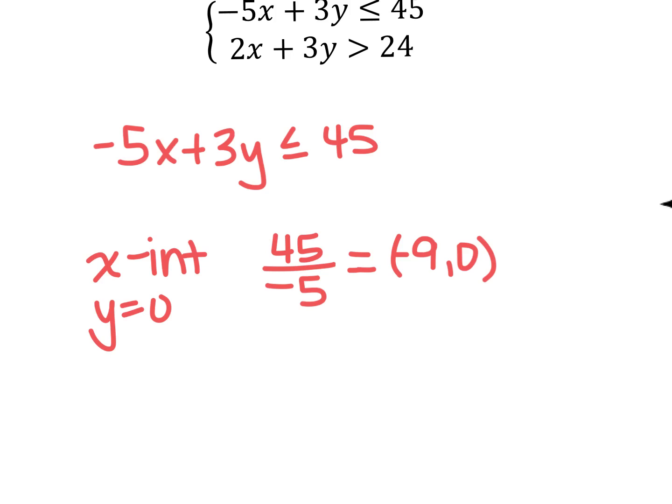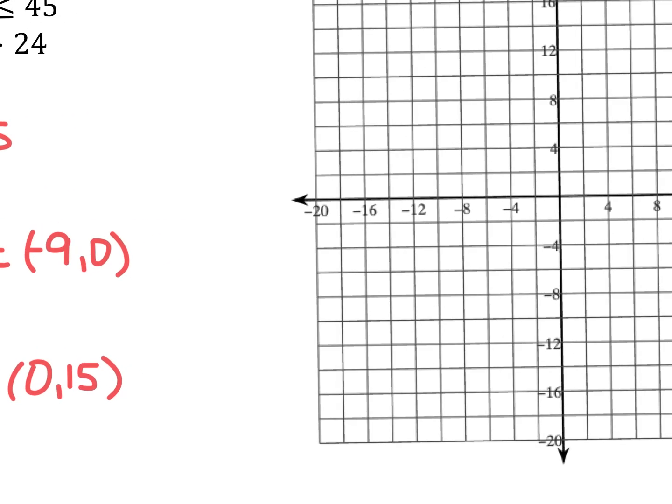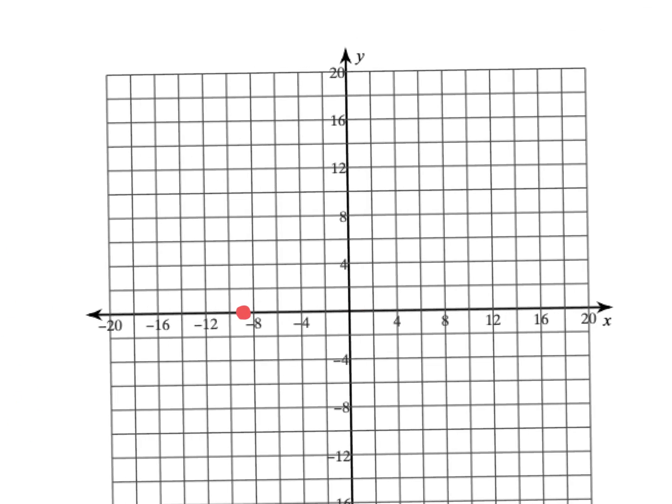And then the y-intercept, that's where x equals 0. That's going to be 45 divided by 3, which is 0, 15. Okay, so I'll go ahead and graph those. Negative 9, 0 is here, and 0, 15 is up here.